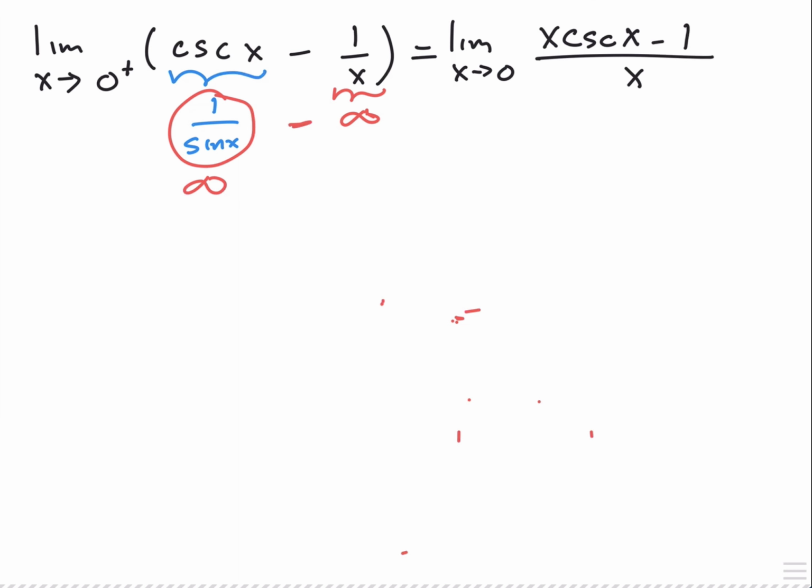Okay, so the other option would have been this, so here, I'll write it down and then I'll erase it. 1 over sine x minus 1 over x, which would be x minus sine x, right?